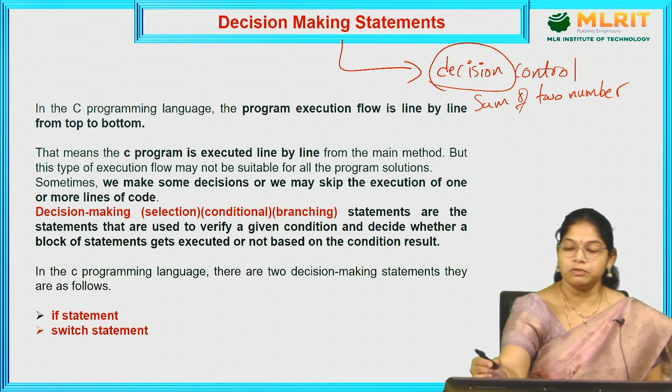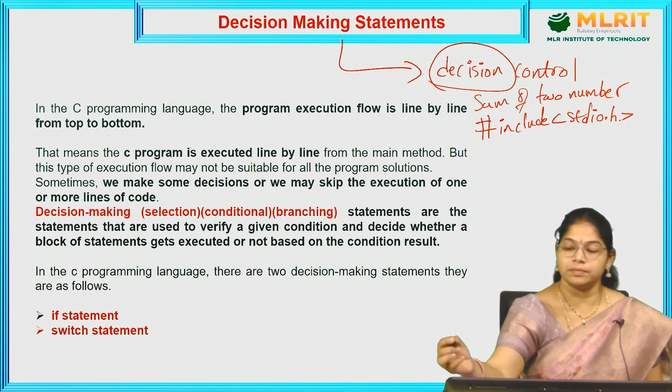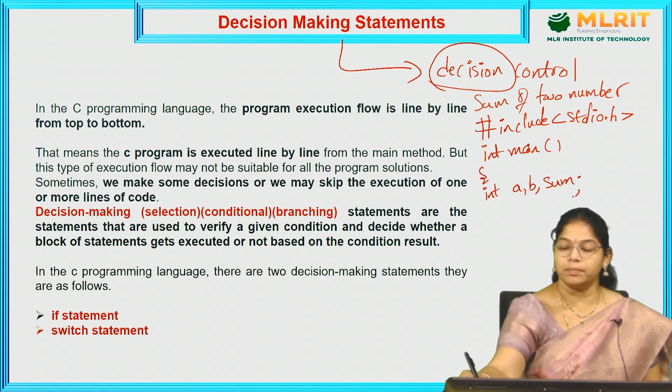To perform the sum of two numbers, we need two variables. #include <stdio.h>, then main. To perform addition, we need two variables, int a, b. To store the result, we need a variable sum.